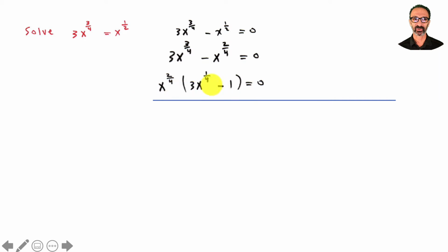And why could I do that? Because if you multiply back, you add the exponents, as you could see. x to the power 2/4 times x to the power 1/4 is x to the power 3/4, because of the rule that says x to the power m times x to the power n equals x to the power m plus n.